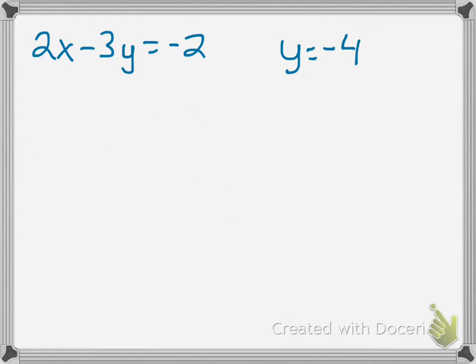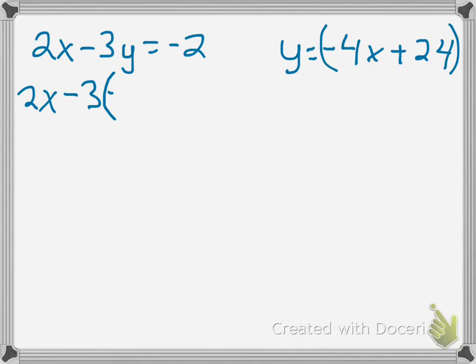It ain't much to know, but you know what one of the letters equals. It equals all that. So I'm just going to plug and chug here. So we got negative 3 times negative 4x plus 24, and that equals negative 2.